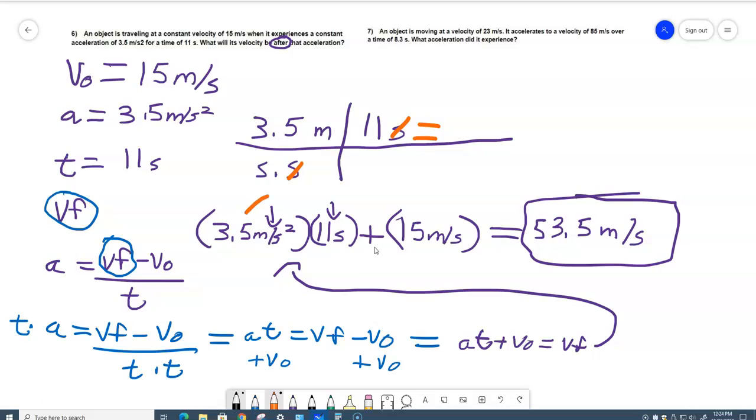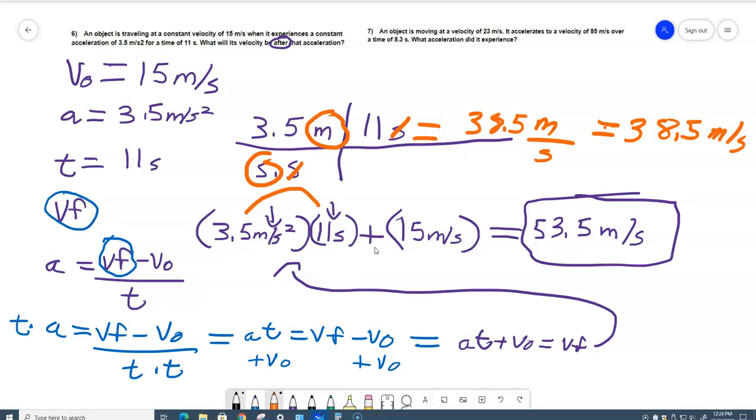When I do 3.5 times 11, it's 38.5 meters, because I'm left with meters over seconds, or the way we are writing it, 38.5 meters per second. And then we are adding that to 15 to get 53.5 meters per second. So that is how you do that one.